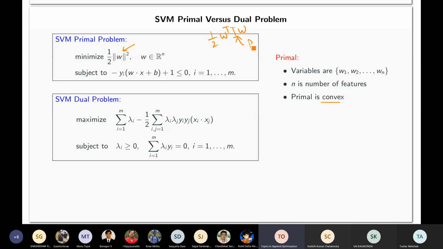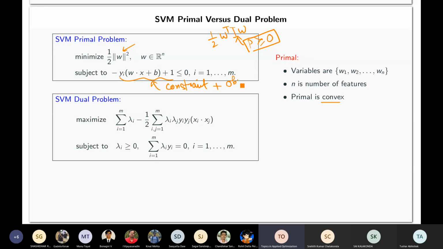Remember, this was a P matrix, and the identity is positive definite. So that's convex, we know that. And this is an inequality constraint, a linear constraint, right? When we have that, we know the constraint function is linear, so it is convex. So the constraint functions are convex.